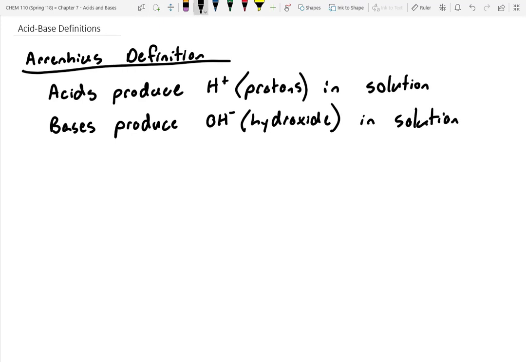So that was one of our main polyatomic ions, but hydroxide is very common for bases.